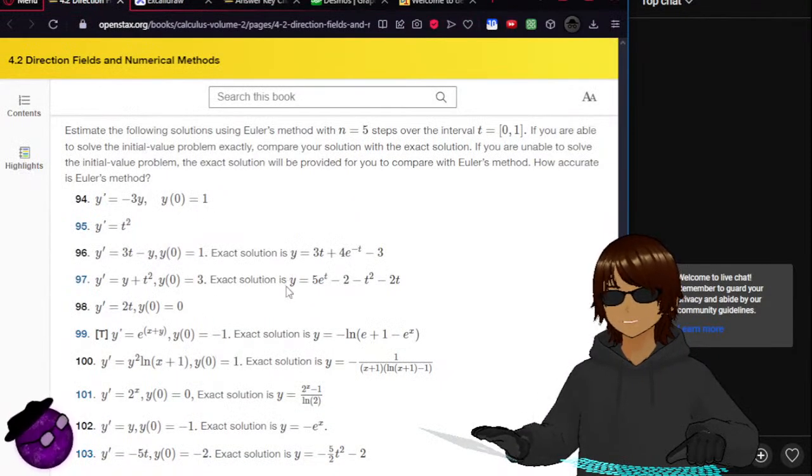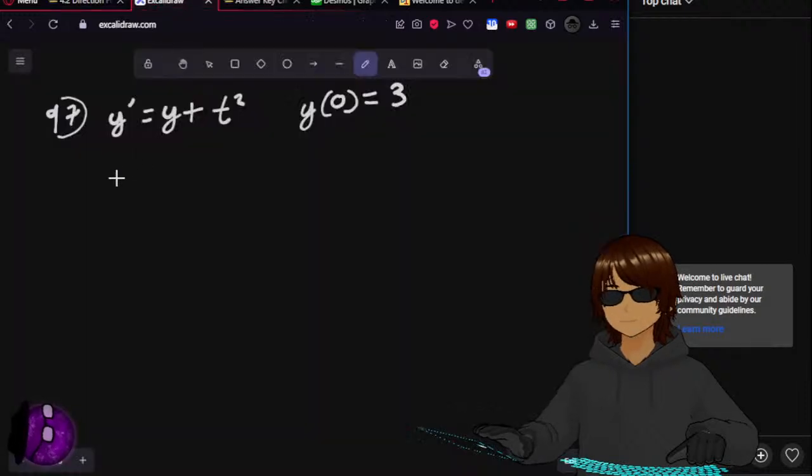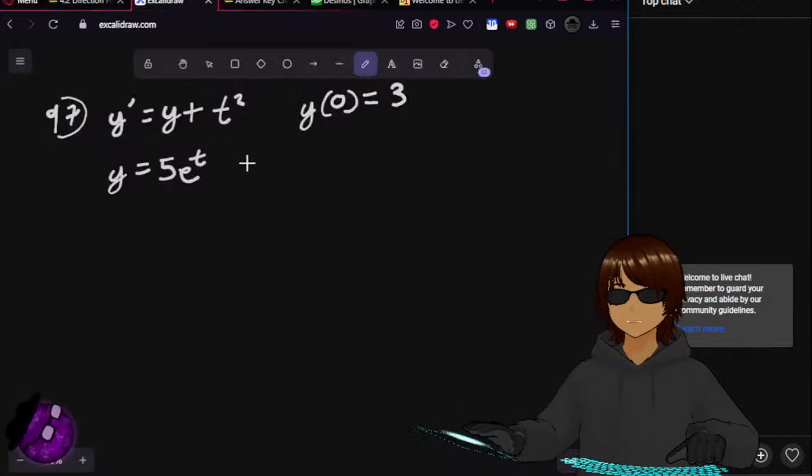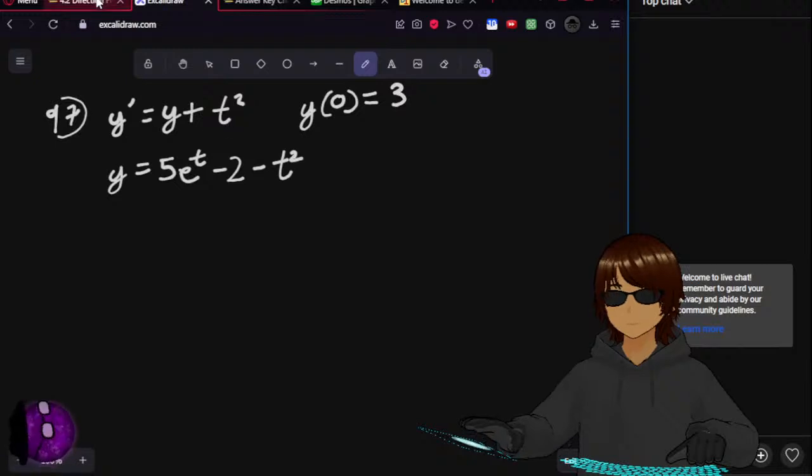The exact solution is y equal to 5 e to the power of t minus 2 minus t squared minus 2t.